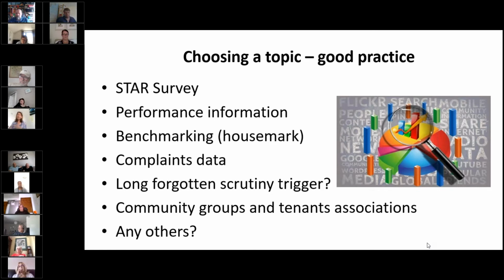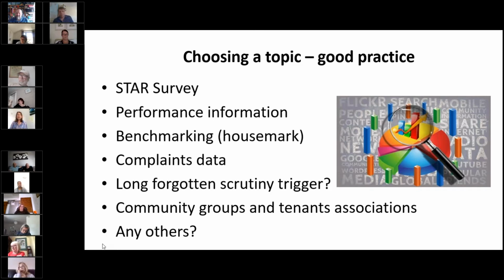So the idea that you listen to people on the ground, so your tenants associations, again, maybe tenants that are coming forward, and you just know that there's a build up of people's dissatisfaction that's perhaps not being reflected in the data. And that's always useful to take on board as well. So do look out for that and think about, well, could we have that? Could we have a trigger where, I don't know, say if 50, 60 residents are complaining about something, we would then trigger a review.